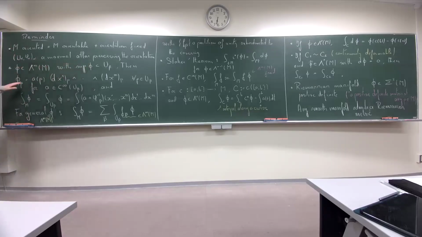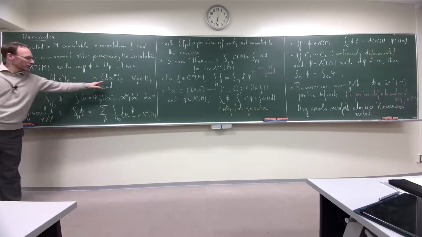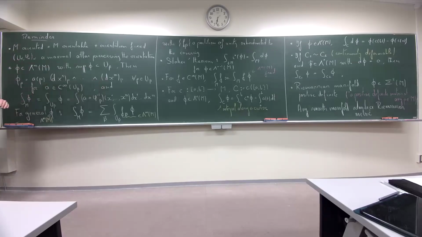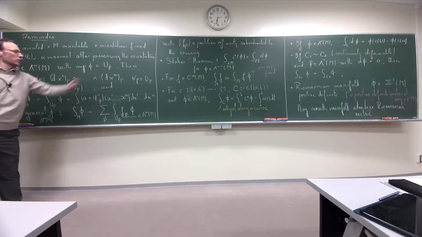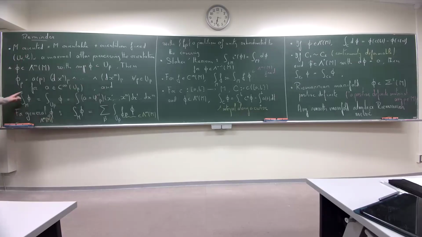But if we take a form of degree m which has support in one of these charts, then it can be written locally as just a smooth function times something of this type. This is not very important, but it's a way to organize your computation. What is important is that you have only a smooth function with support in this U beta. For the definition of the integral of this m-form on M, because phi has support on U beta, you can just write U beta instead of M, because elsewhere it's 0.